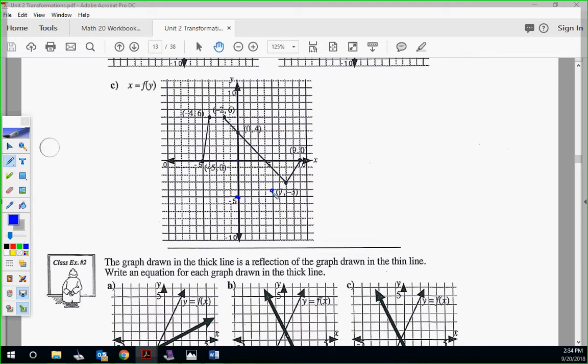1, 2, 3, 4, 5. Oops, that's 5. Not labeled very good. So it should be there. And 6, negative 2. There's that. Okay, so I've done these 3 points so far. 0, 4 will be 4, 0. 9, 0 would be 0, 9.